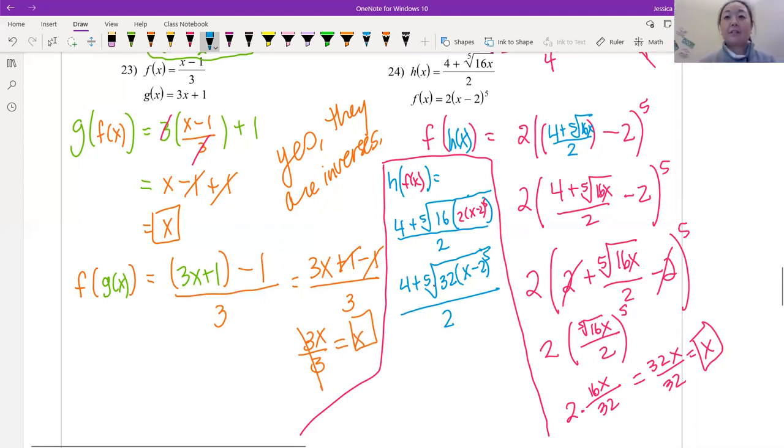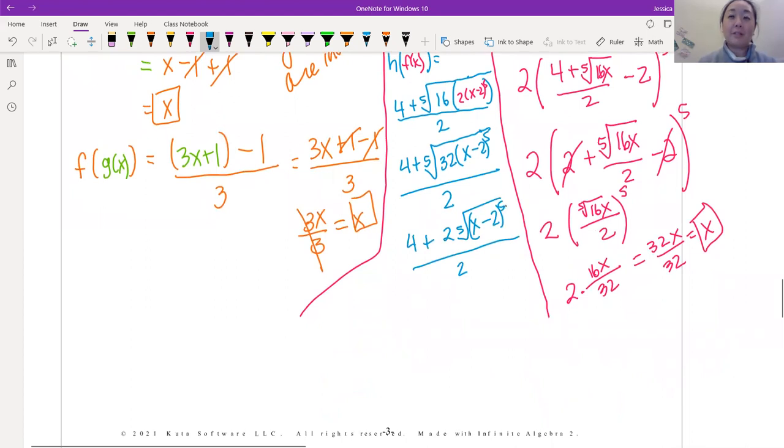So this can go on the outside, because that's just 2. And we just have the 5th root of x minus 2 to the 5th power over 2. And technically we know that these cancel each other out too, because it's the 5th power and the 5th root. So it's just going to be 4 plus 2 times x minus 2, over 2.